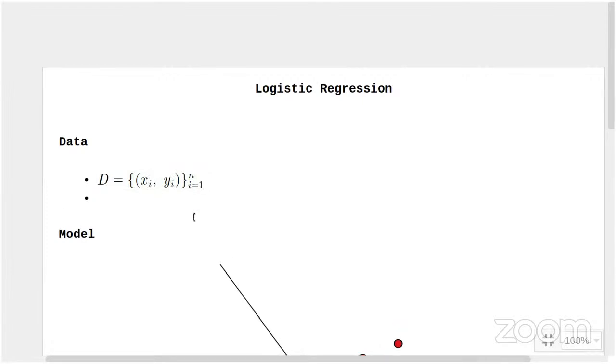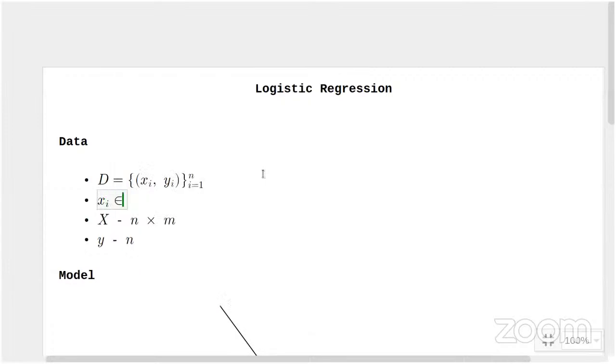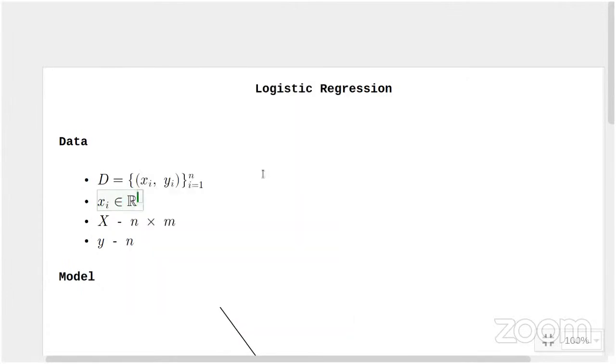I can now represent this as a feature matrix of size n cross m, and the label vector of size n. I hope this is clear to all of you. Now each data point, as you all know, will lie in some m-dimensional space. So this is our setting for the data.